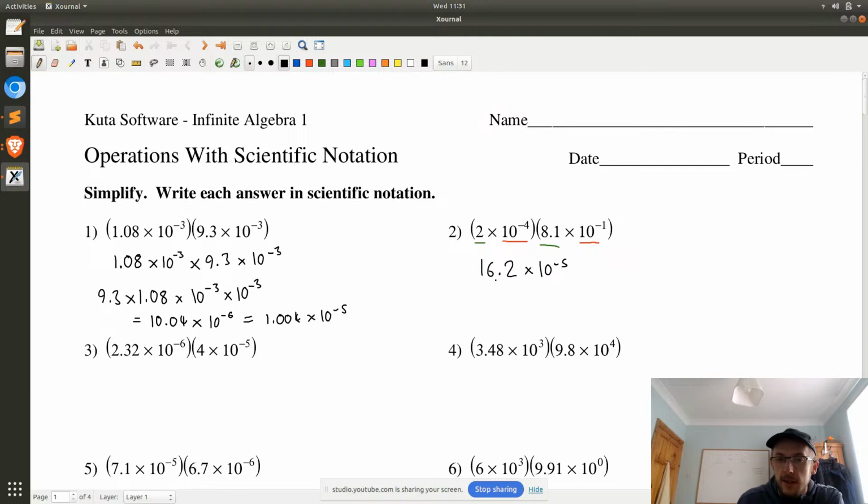But you must correct it because this is not in scientific notation. Not right now. That's above 10. So make the front part 10 times smaller and make the back part 10 times bigger. So it becomes 10 to the minus 4, like that.